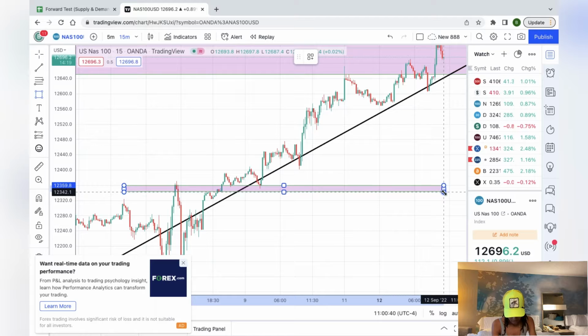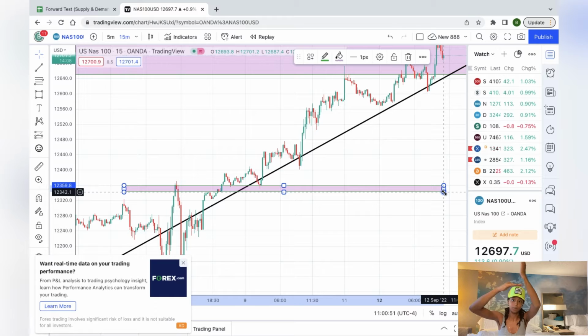That means resistance. If it shot up and then it shot down, something up there is giving resistance to price where it's not gonna just keep shooting up. Something is making it go back down. Okay, resistance. So that's why I'm marking this right here.